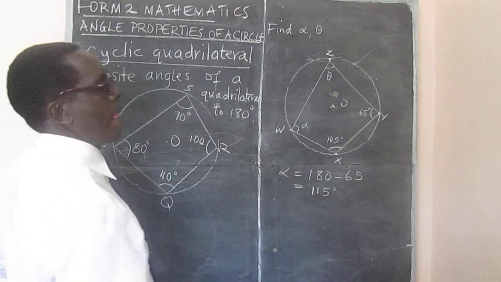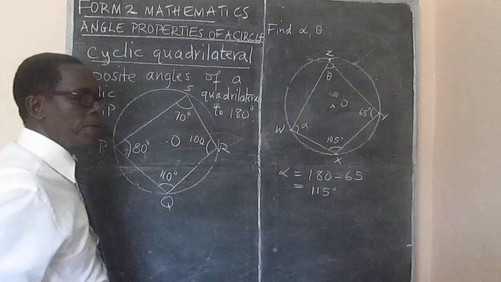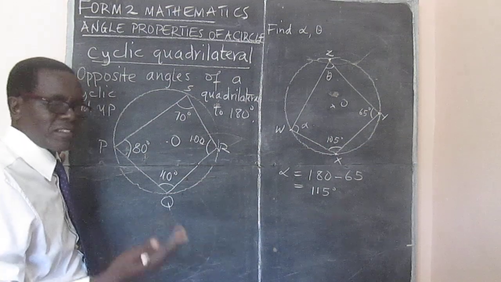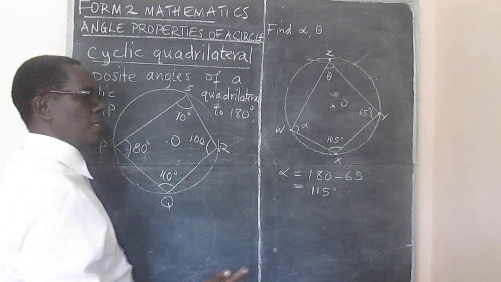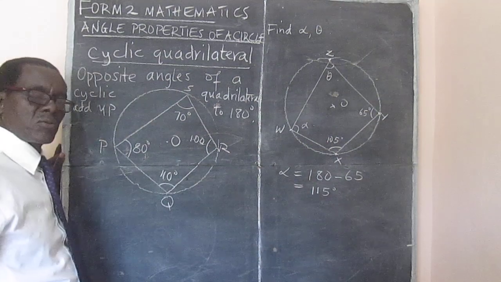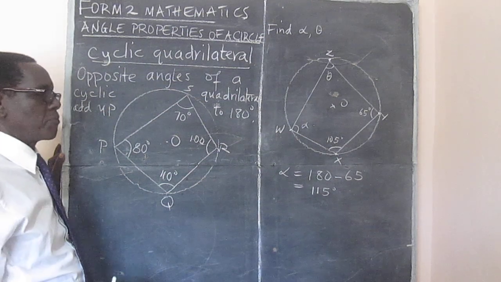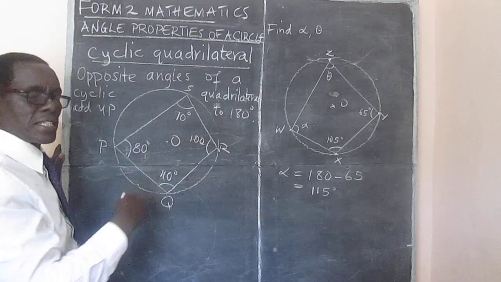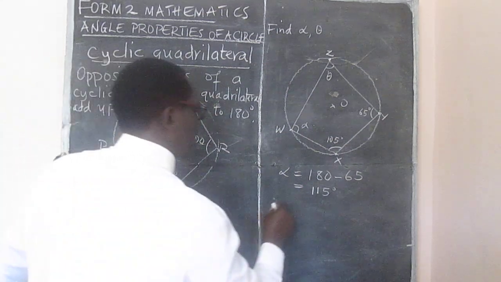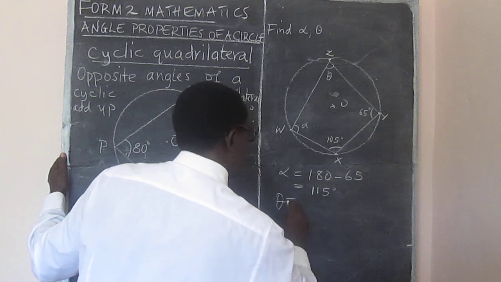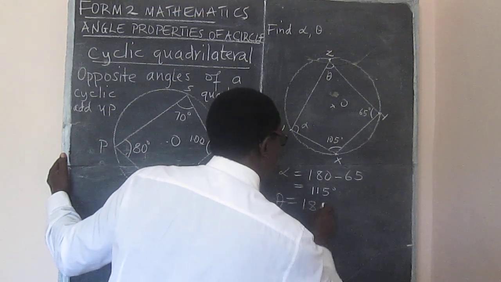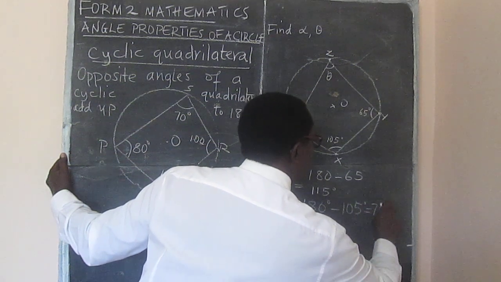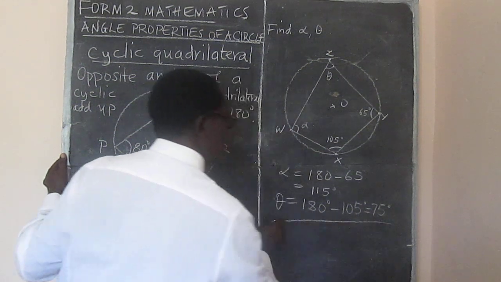And then we would like to get theta now. Because we have 105 here, we now ask ourselves what we need to add to 105 to get 180, because opposite angles of a cyclic quadrilateral add up to 180, and so we can say theta is equal to 180 minus 105, and that gives us 75 degrees.